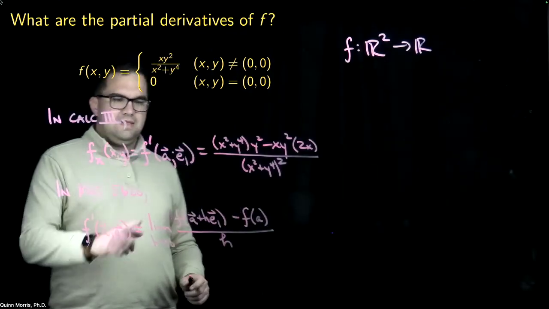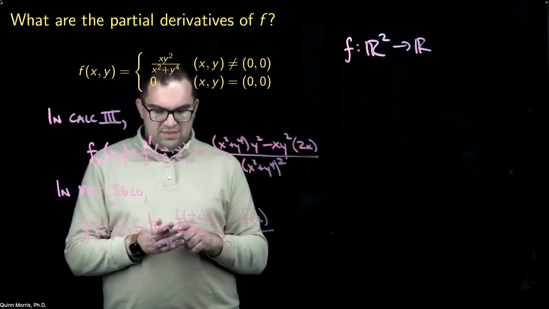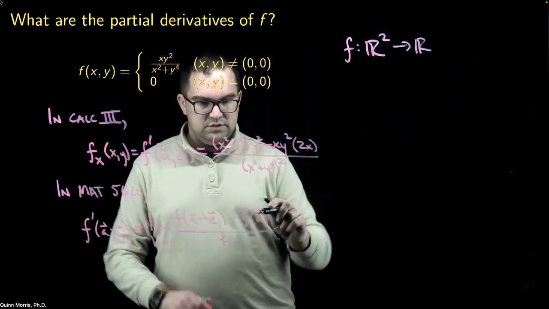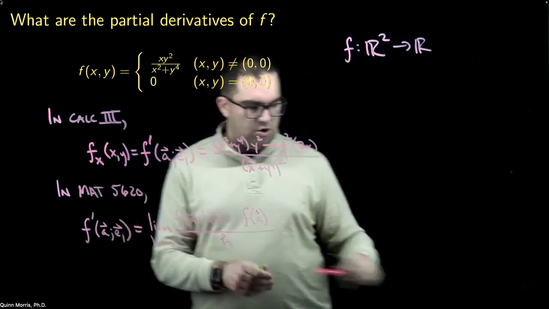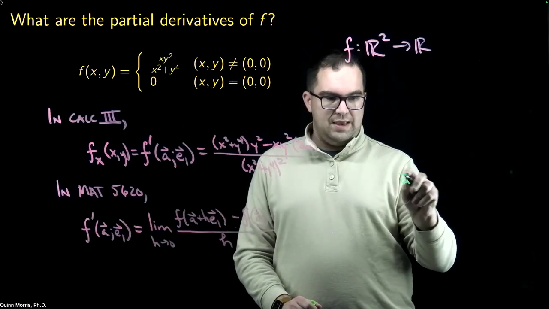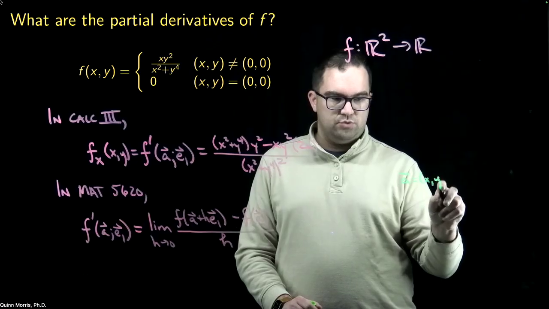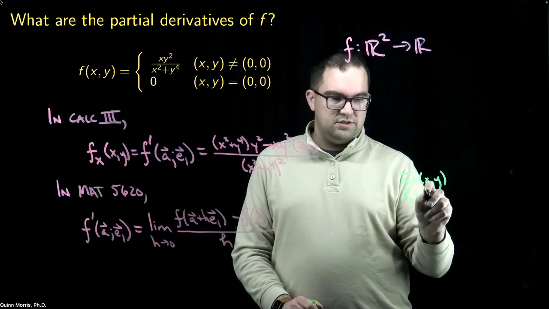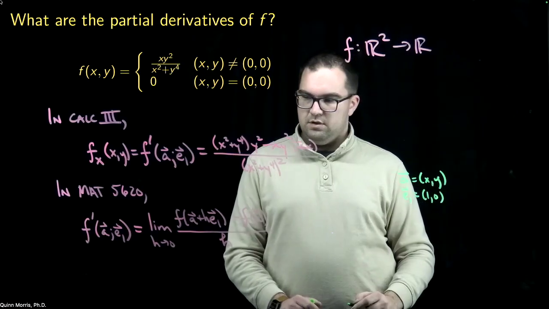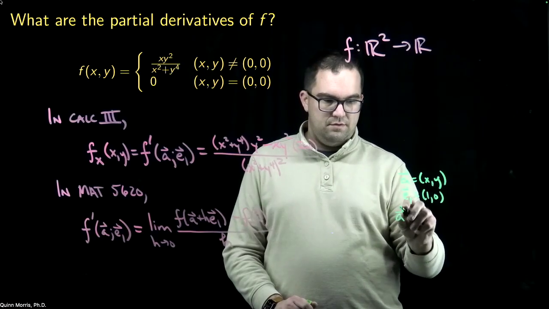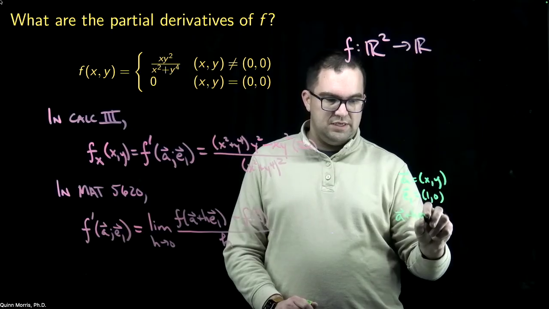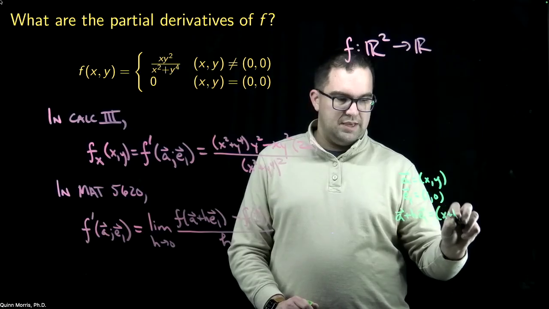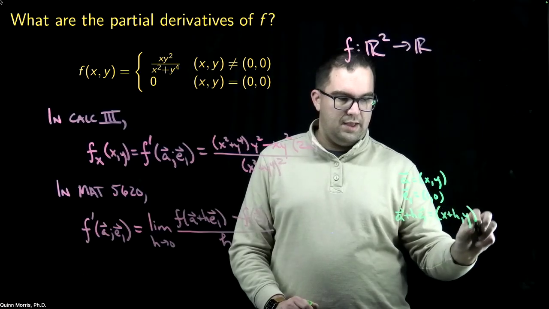Okay. Now, let me convert this. If I think about these vectors, let's give a some particular coordinates. a is just an arbitrary point, so let's imagine a is the arbitrary point x, y. And e1 is just the vector 1, 0. So a plus h times e1 is just going to be x plus h, comma, y.